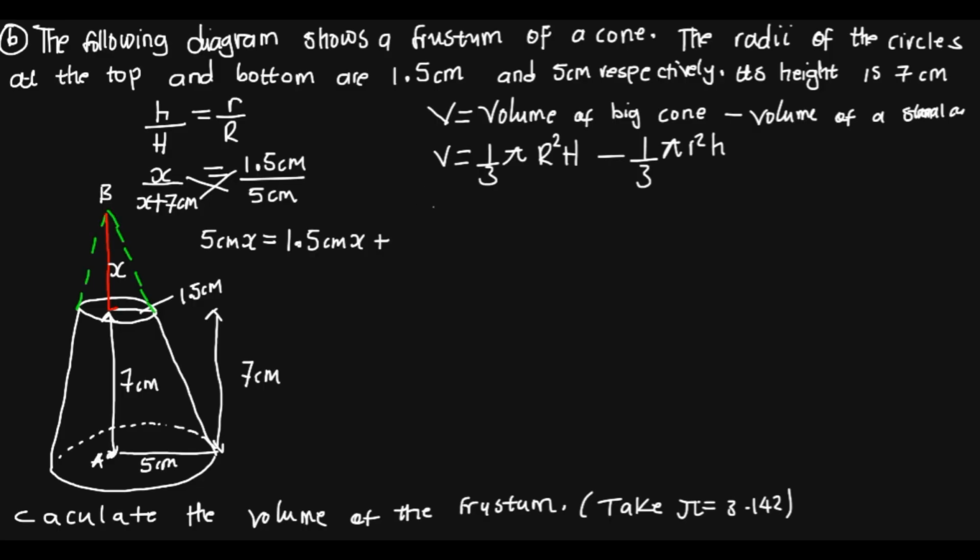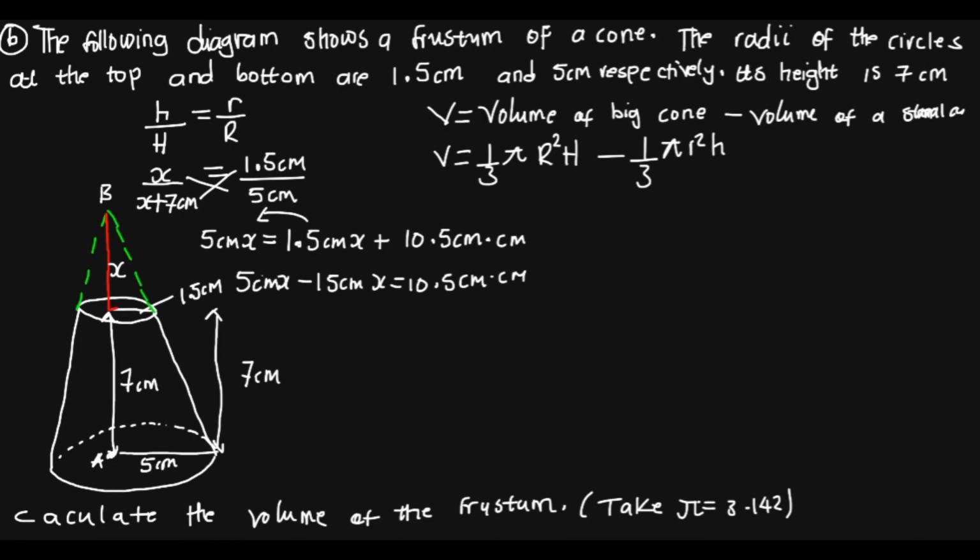So I'm getting 10.5 centimeters, another centimeter, since we have 2 centimeters. Then this number can move to this side, giving us 5 centimeters x minus 1.5 centimeters x is equal to 10.5 centimeters times centimeter.